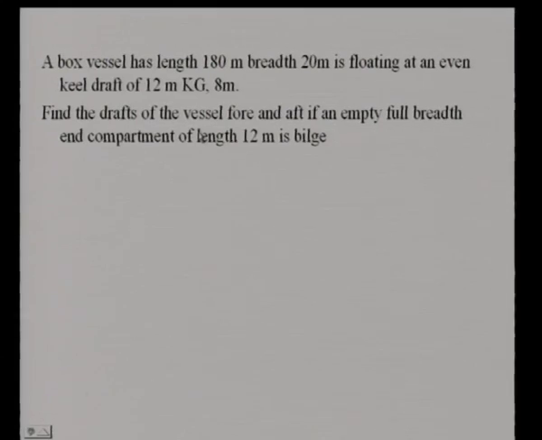If it is given that the ship is bilged in the forward compartment, what it means is that it is fully flooded, and therefore it comes with automatic common sense that you can immediately deduce that the ship must be sinking like this. If this compartment is filled with water, then it automatically follows that this ship should be sinking like this.